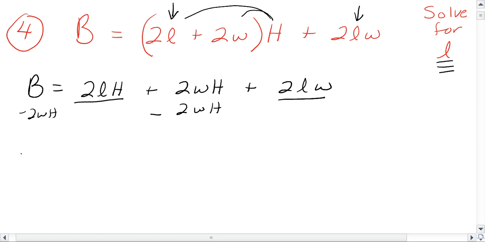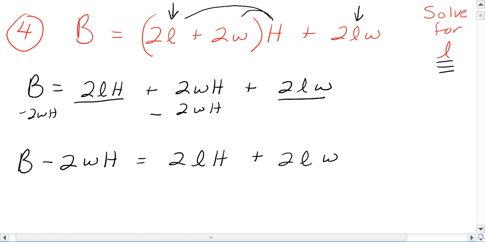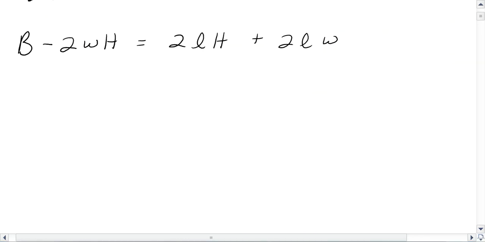So now on the left here, I have B minus 2WH, but I still have a problem. I have two terms that have the L in it that I want to isolate, and I can't isolate it when it's in two terms. So this is where you need to really remember a lot of your algebra skills.